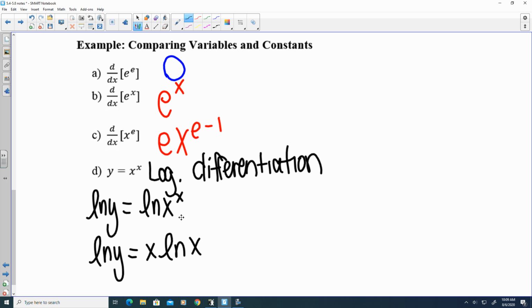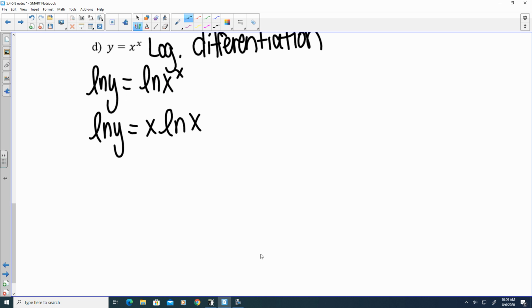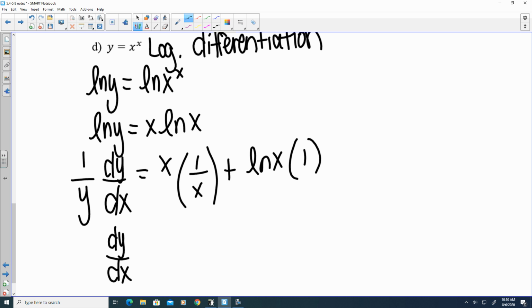I am still going to have to do the product rule here, but it's not impossible. So on the left side, we have 1 over y dy dx. On the right, f g prime plus g f prime, 1 plus natural log of x.